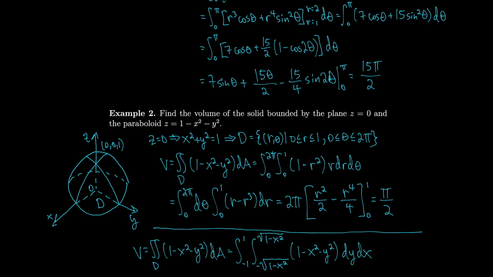You'll end up having to evaluate the integral of (1 minus x squared) to the 3/2 power, which is just horrible. So you may not love polar coordinates, but you should definitely work them into your repertoire.